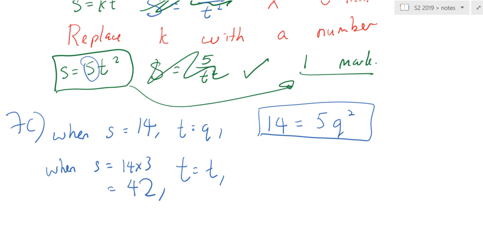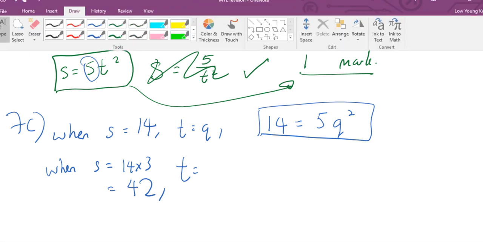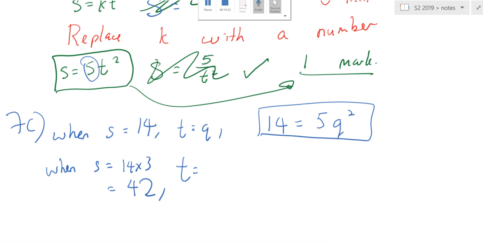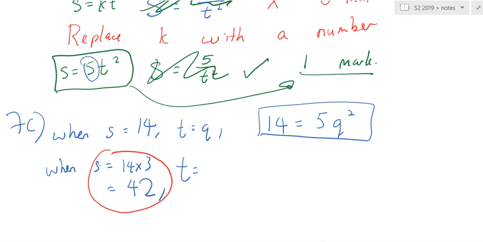And I circle this and say this is wrong because the question did not say the vertical distance was triple. The question say the time is triple. So maybe I pull out my green pen and I write t is equals to 3q, and then I want to find s.